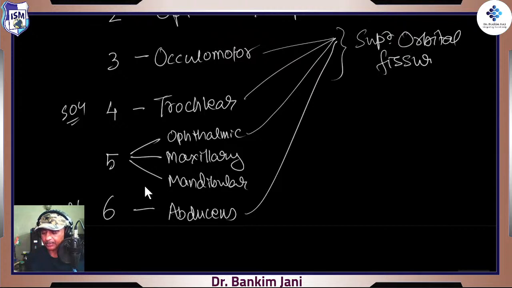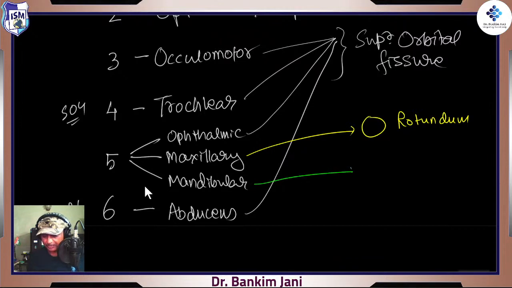Maxillary will be going via that foramen rotundum. And the mandibular is by that foramen ovale. So 1, 2, 3, 4, 5, 6 done.